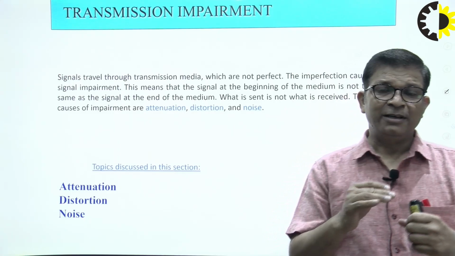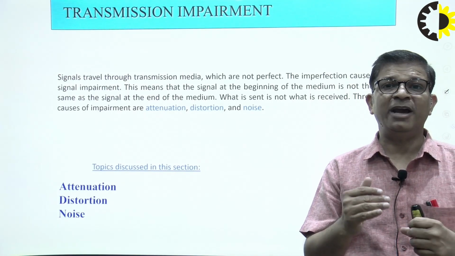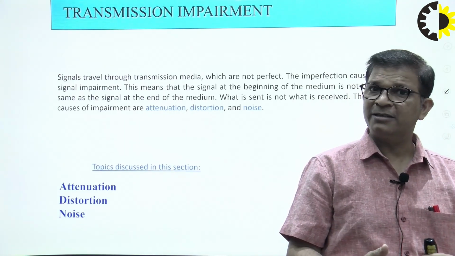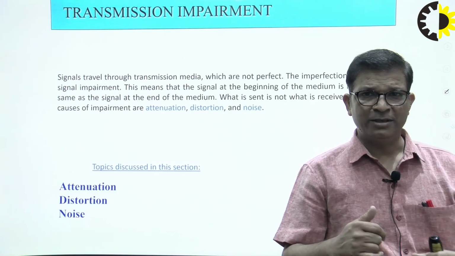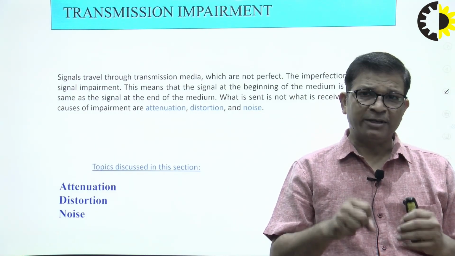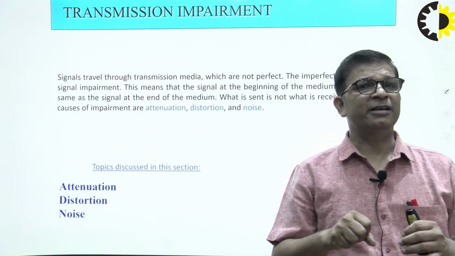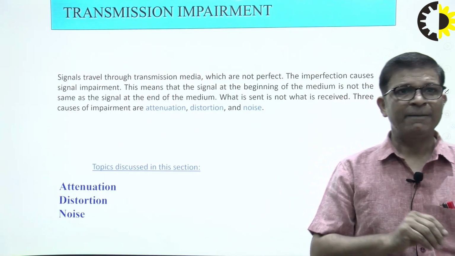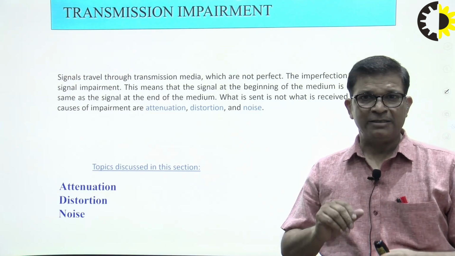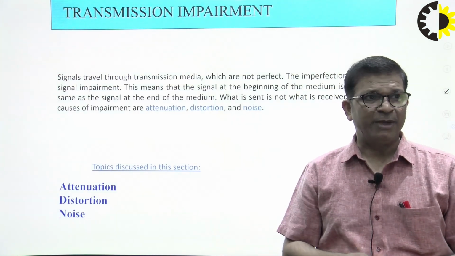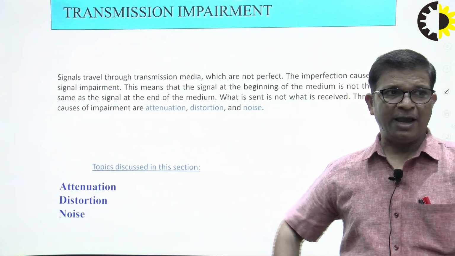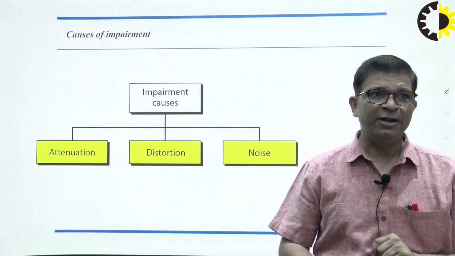If some additional signal has been added to your existing signal, it is called noise. If some power of your signal has been lost, then it is treated as a loss in the signal.